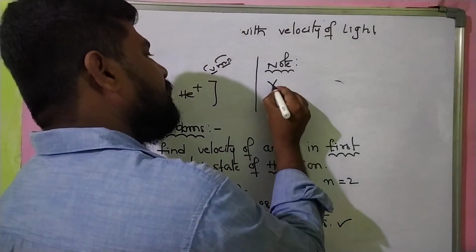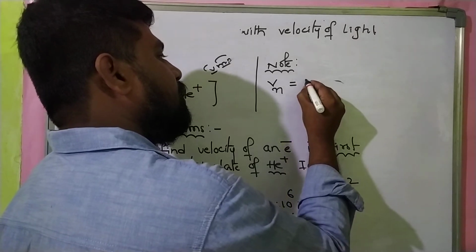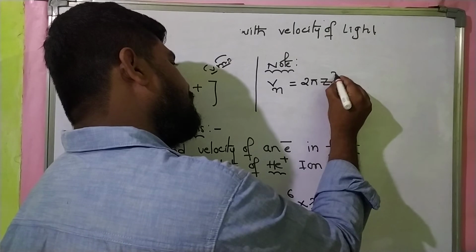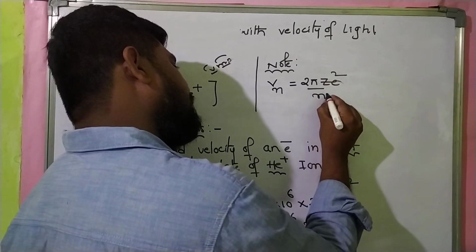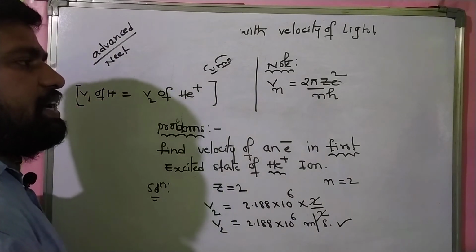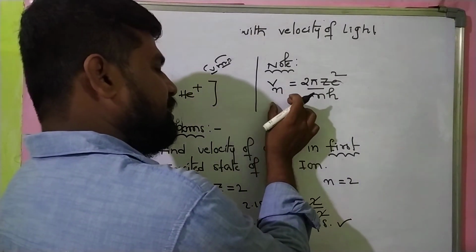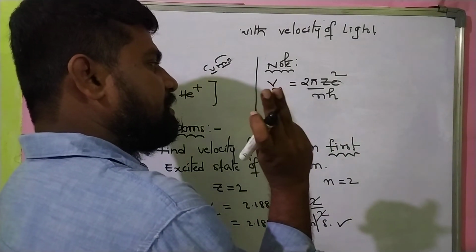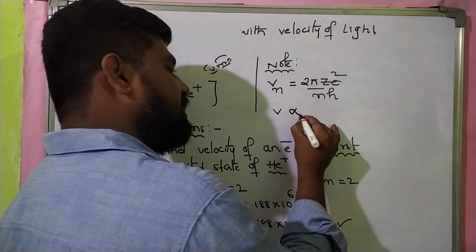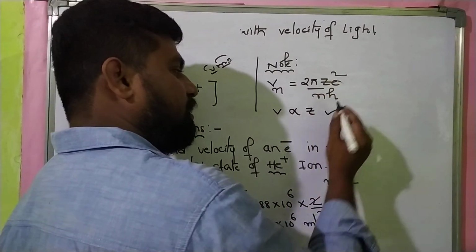Now once again I recall the principle: Vn equal to 2 pi Z e square by nh. From this we can draw some conclusions. The velocity of the electron is directly proportional to Z, the atomic number.